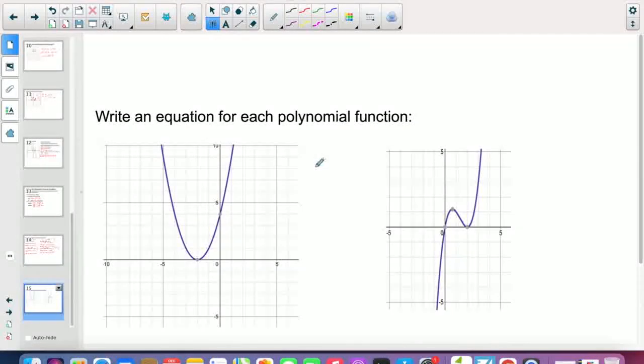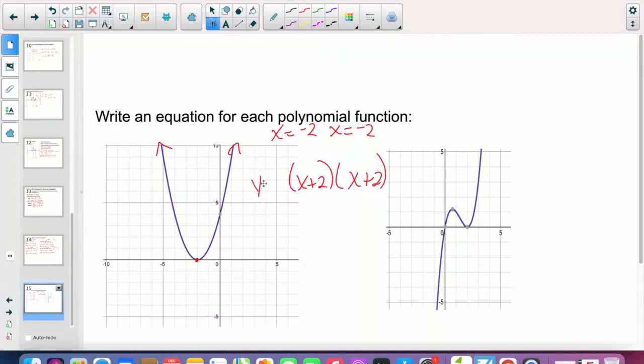So let's write some polynomial equations for these functions. They're both going up. I know this is an even degree function. The degree is 2. It looks like it's got a double root at x equals negative 2. So if x equals negative 2 are the two roots, then my two factors would be x plus 2 and x plus 2.